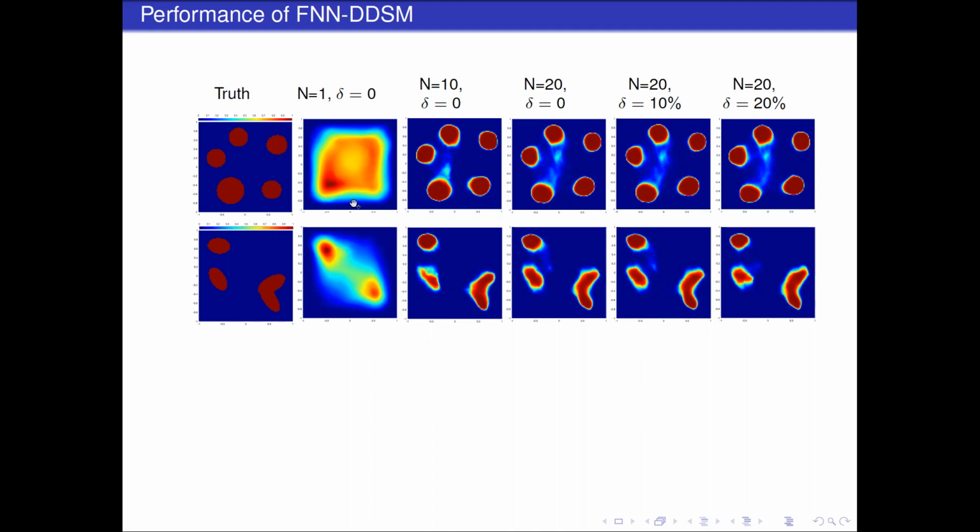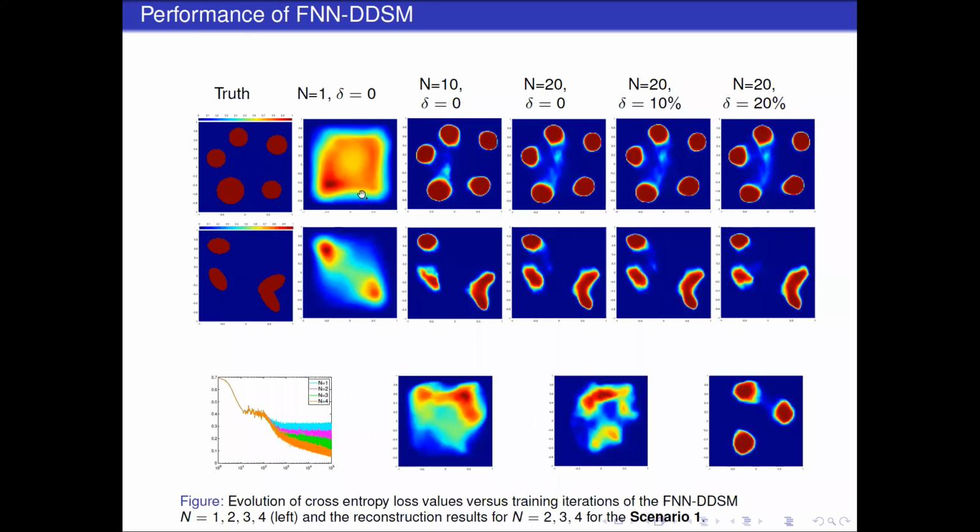This really shocks us because the original DSM can actually do a quite good job for a single measurement. So we tested how many data pairs we need to recover this case of 3 circles. It turns out that we need 4 data pairs to do that.